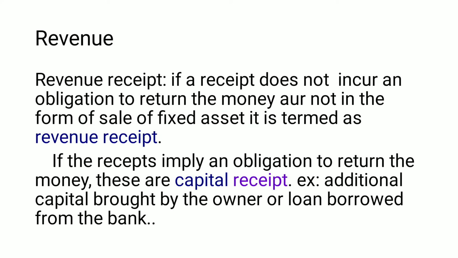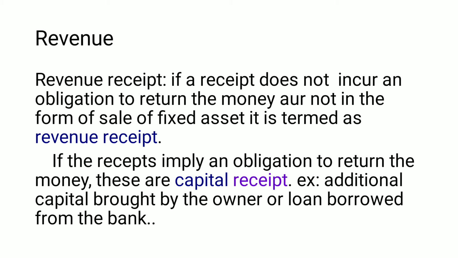Now we need to understand revenue receipt and capital receipt. What do you mean by revenue? Whenever a business is in the earning process and revenue is earned, in return you may need to make a payment, or there may be no need to make the payment.